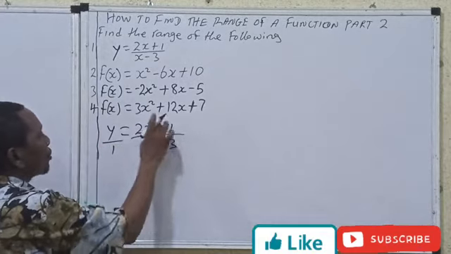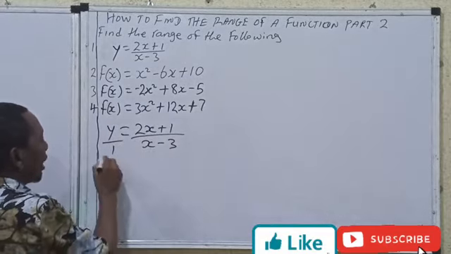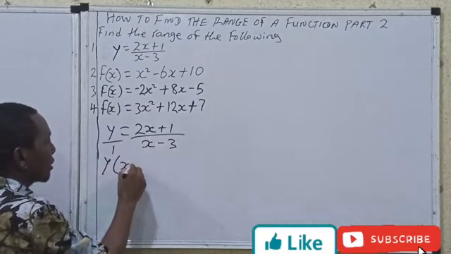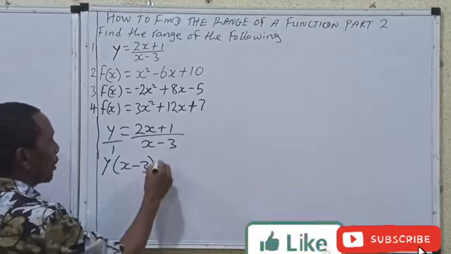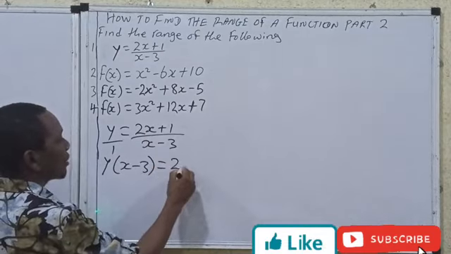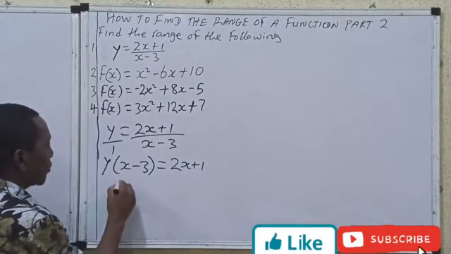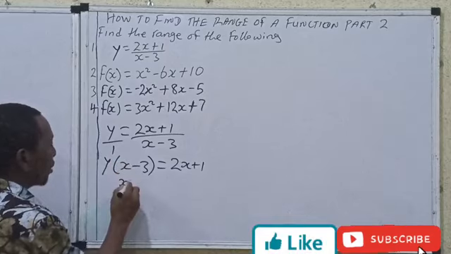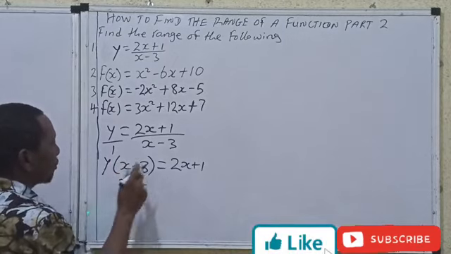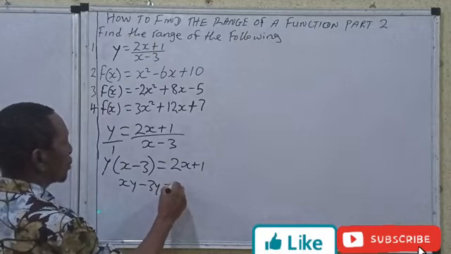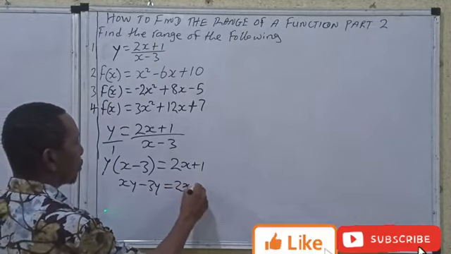Use this to multiply this, use this to multiply this. So I will now have y bracket x minus 3 equal to, if I use 1 to multiply this, I'll have the same thing, 2x plus 1. Use y to multiply this, you have xy. Use y to multiply here, you have minus 3y.